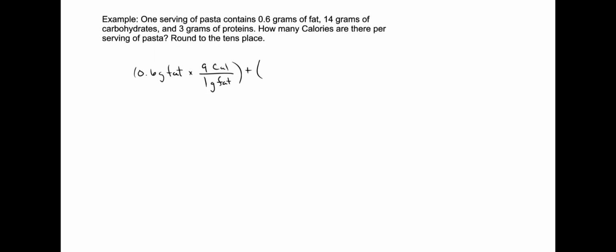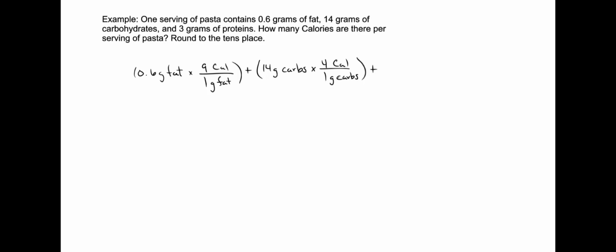now we'll go ahead and take care of the carbohydrates and the proteins. So we have here 14 grams of carbs times, well, for every 1 gram of carbs, there are 4 calories, plus the amount from protein.